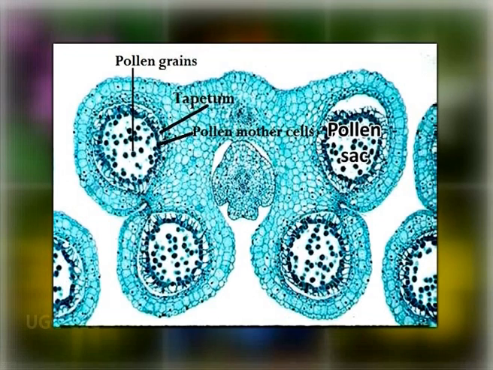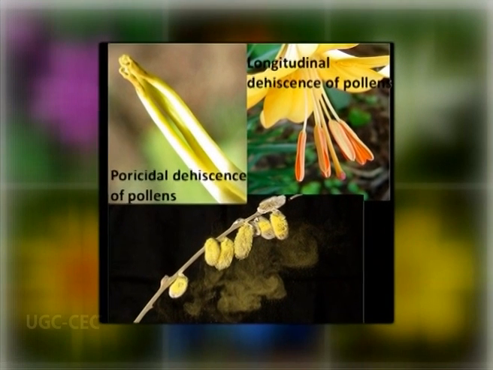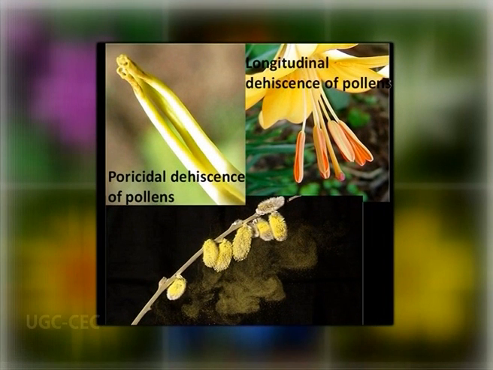These undergo meiosis to form haploid spores. Each microspore divides mitotically to form an immature microgametophyte called a pollen grain. The pollen is eventually released by the opening of the anther, generally by means of longitudinal slits, but sometimes by pores as in the family Ericaceae or by valves as in the family Berberidaceae.